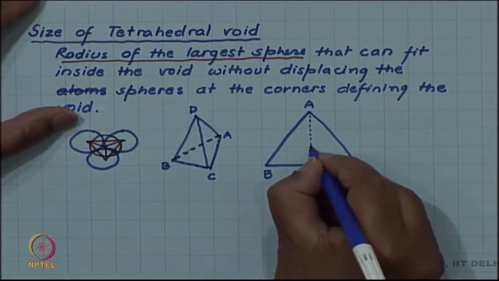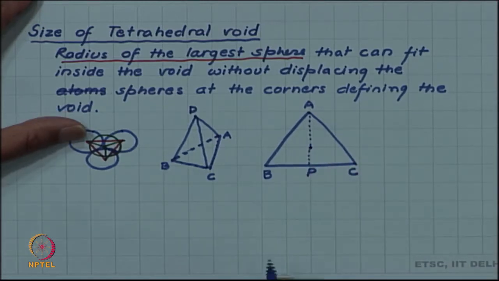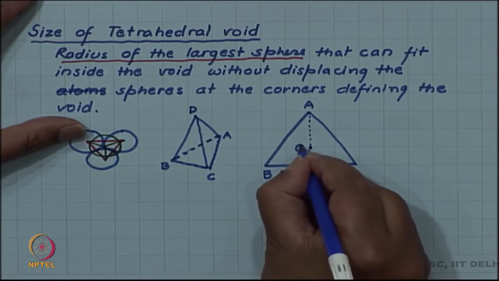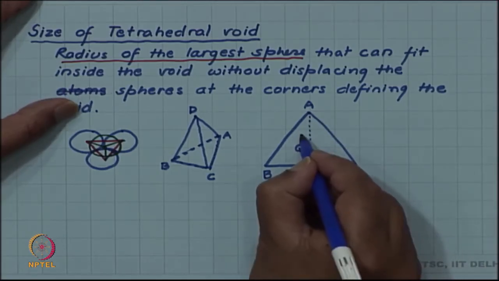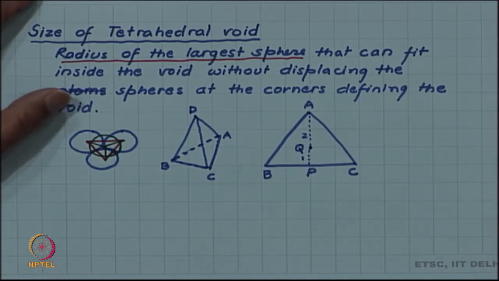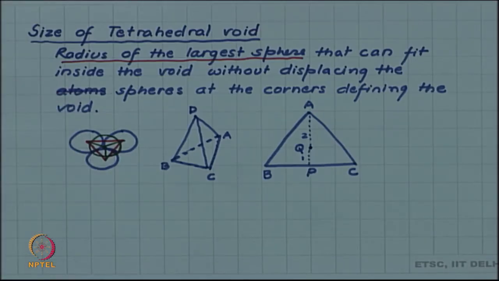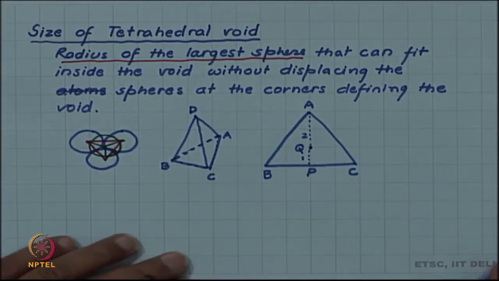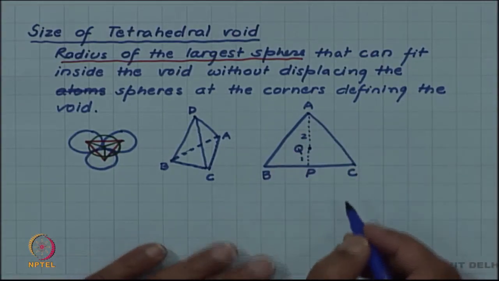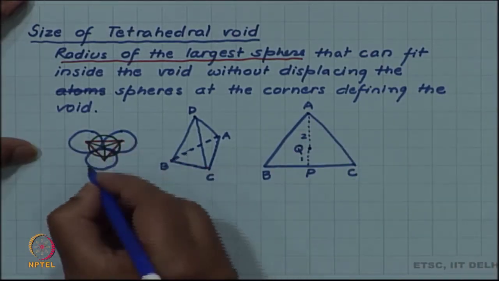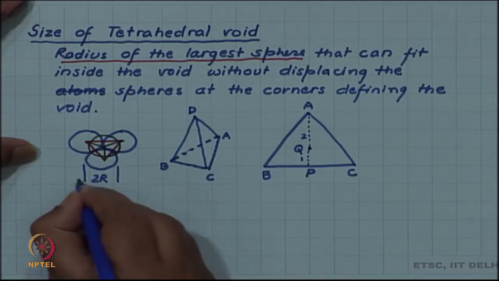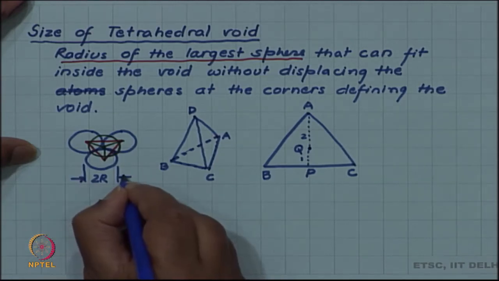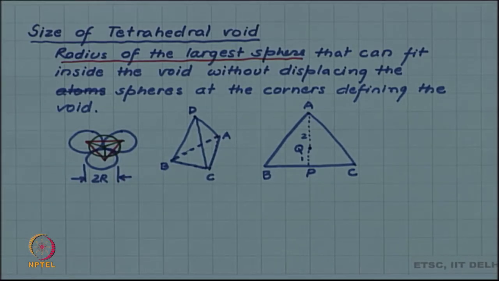The centroid of the triangle will be on AP at some point Q, which divides the height AP in a ratio 2:1. This we know from geometry. So, let us locate this centroid in terms of our radius of atom. Let us say that the diameter of the spheres making the close packed structure is 2r.